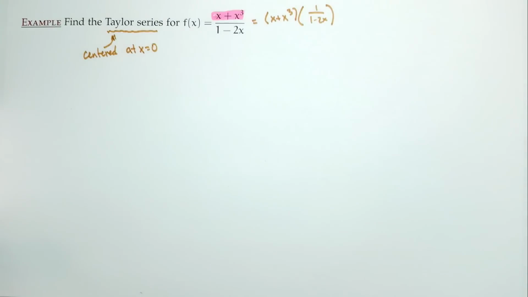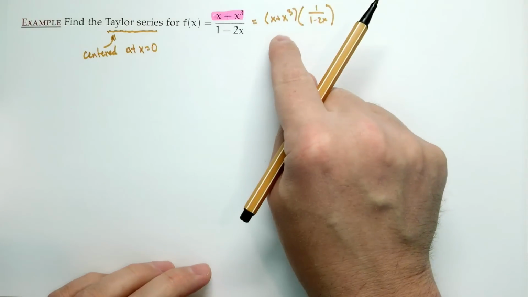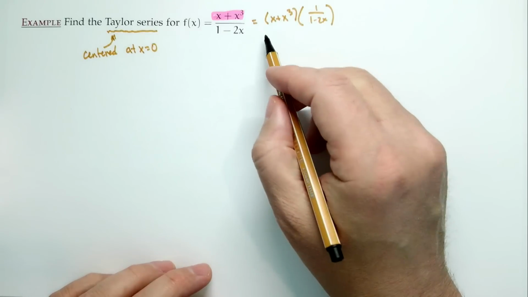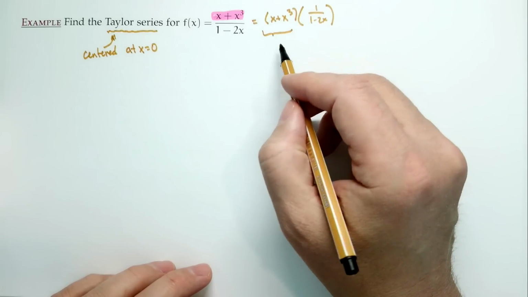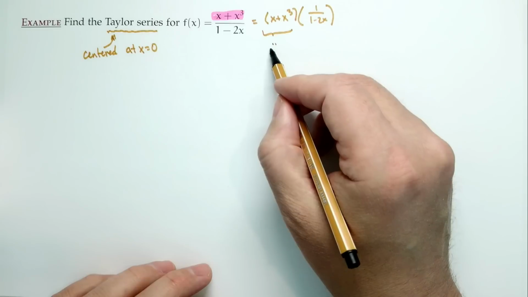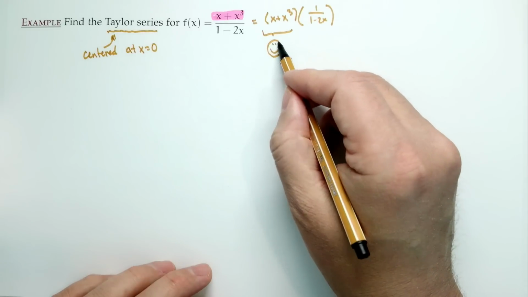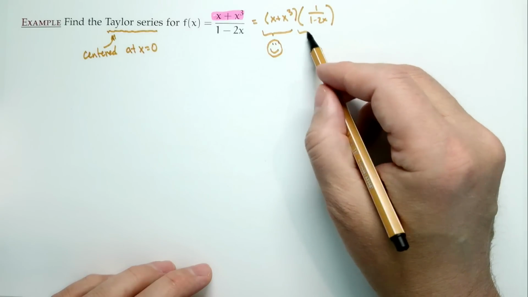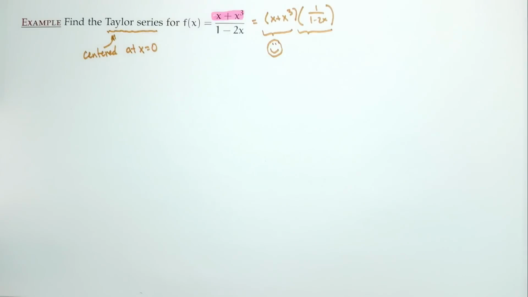Okay, all right. Back to our regularly scheduled program. Okay, so we have x plus x cubed times 1 over 1 minus 2x. This part, it's really a polynomial, which means we like it. Good. Now this part, well, this part's actually not so bad.